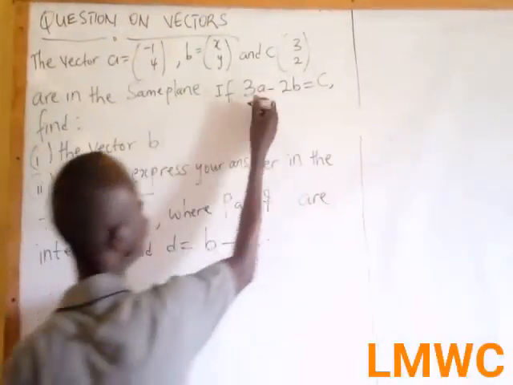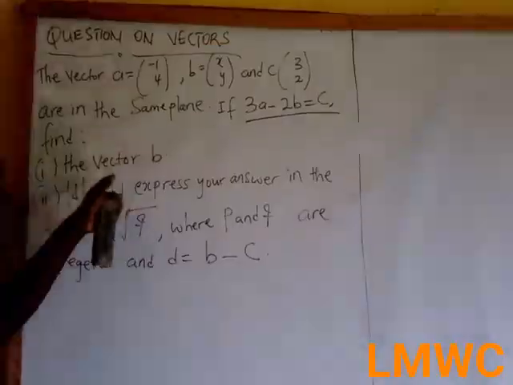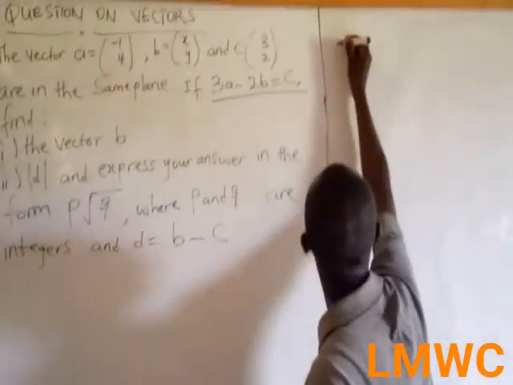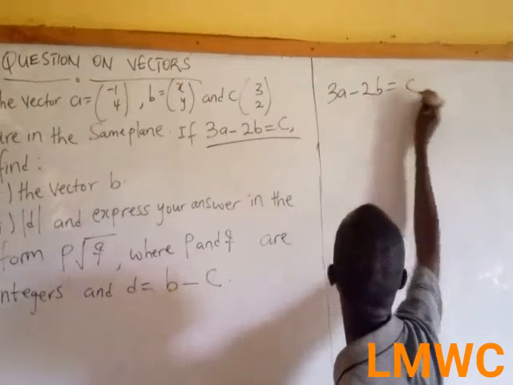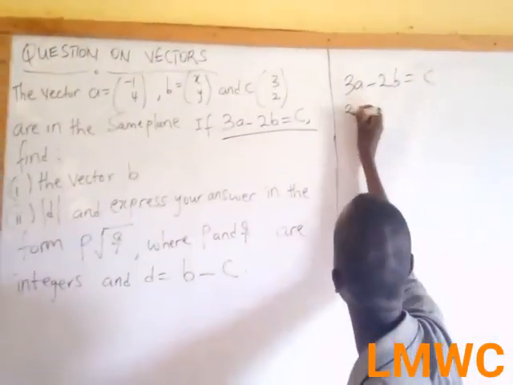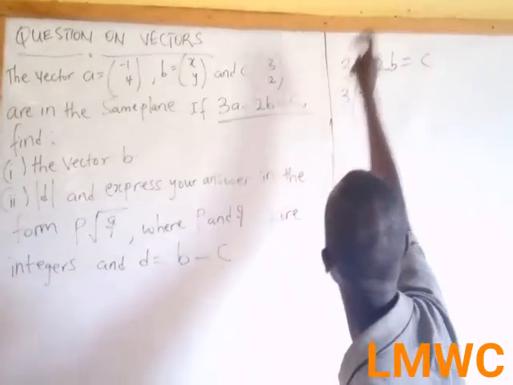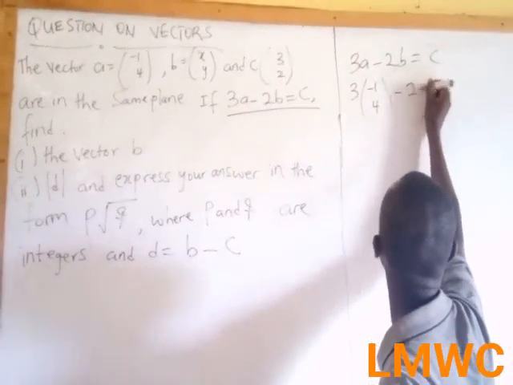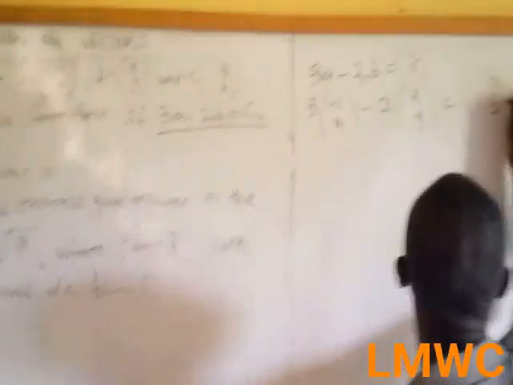So we will use this to find the vector B. We have 3A minus 2B is equal to C. What is vector A? We have (-1, 4). This is the same as 3 times A minus 2 times vector B, which we don't know, so (x, y), equal to C, which is (3, 2).